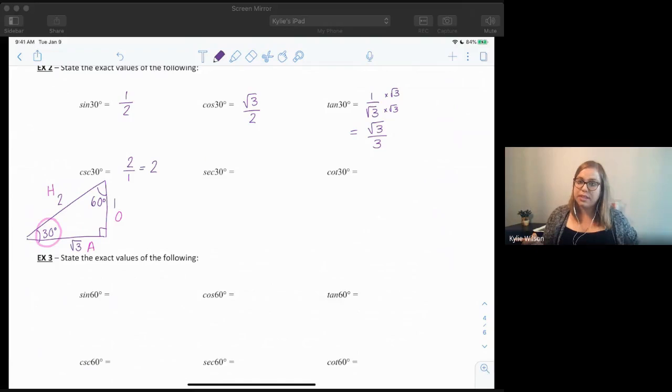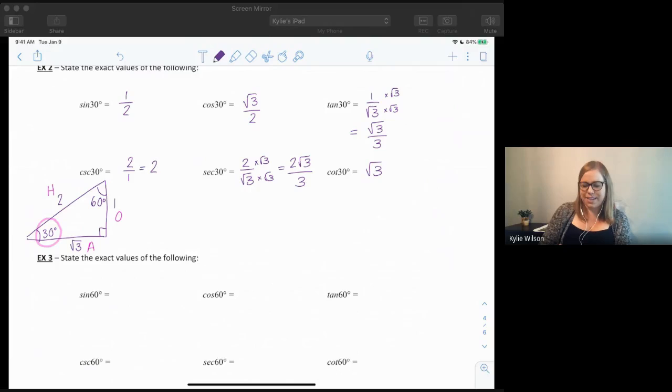Then our secant is hypotenuse over adjacent, so we'll have 2 over root 3, and we can't have that radical on the bottom, so we'll have 2 root 3 over 3. And then cotangent 30 is going to be our adjacent over opposite, so we will just have root 3.